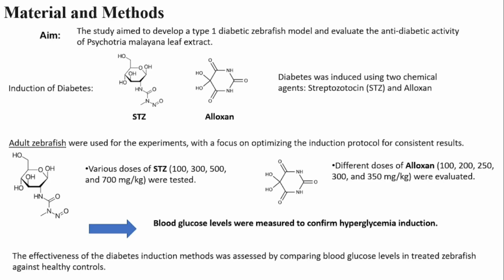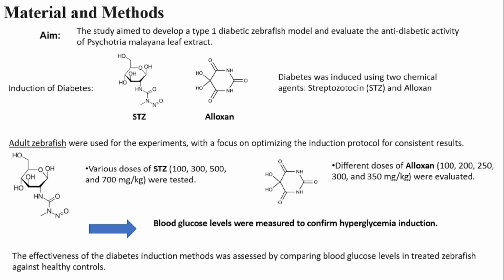The aim of using STZ and alloxan is to develop a type 1 diabetic zebrafish model, and that will help us evaluate the anti-diabetic activities of the Psychotria malayana leaf extract. The adult zebrafish were used with a focus on optimizing the induction protocol for consistent results.